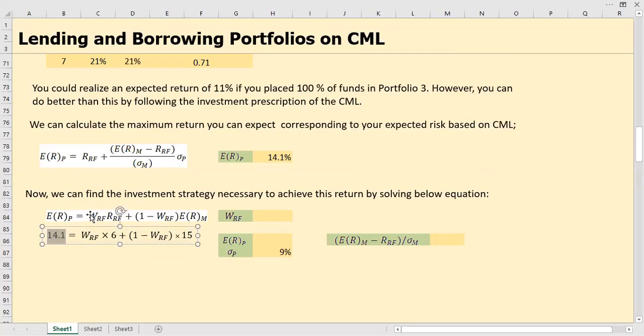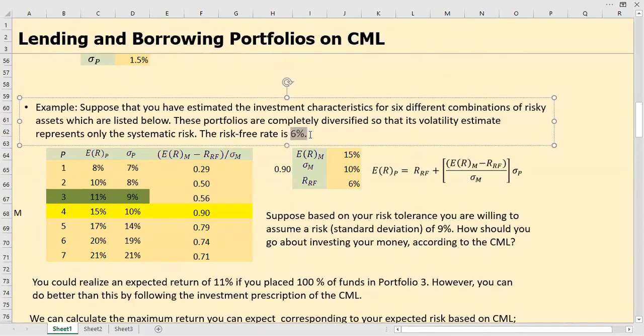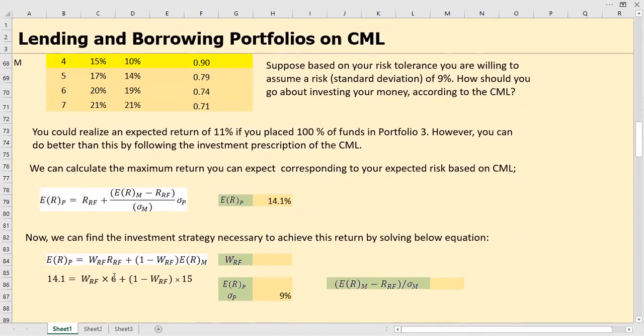Then we have the weight of the risk-free rate, multiplied by the risk-free rate. As we all know, the risk-free rate is equal to 6%. It is given here in this particular example, 6%. So I am going to put that 6% here, right? If you want, you can put 0.06. This is also okay.